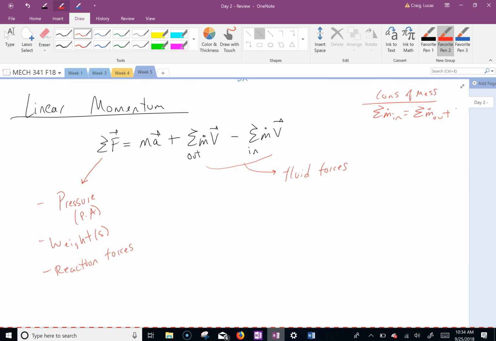And what do you think the ma term is going to be for your case? Zero, because we haven't dealt with anything moving yet. So that's going to be zero for you guys. But write the whole thing out and cancel it.